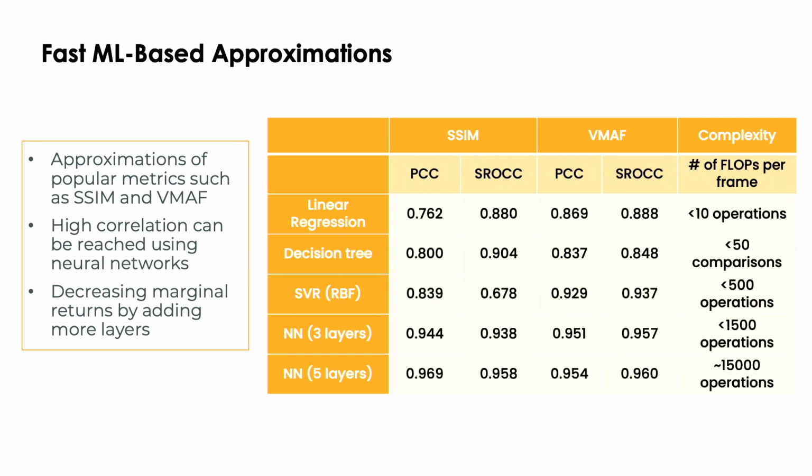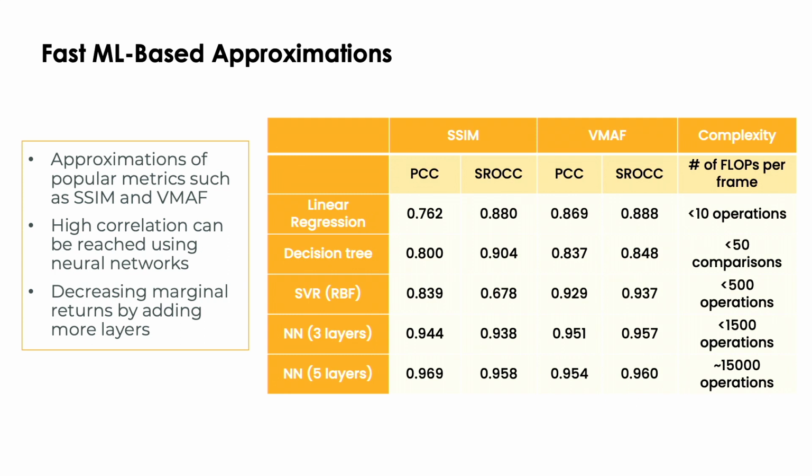I want to be mindful of the time, but what are the results for what we've seen here? Well, first of all, when we try to approximate metrics like SSIM and VMAF, we got very good results with shallow networks. We tried a couple of things, like, most trivial, linear regression. You already get an indication that even with a linear approximation model, you can get fairly high correlation values, but obviously we want to do better. Decision trees can help you with a limited number of comparisons in your tree.